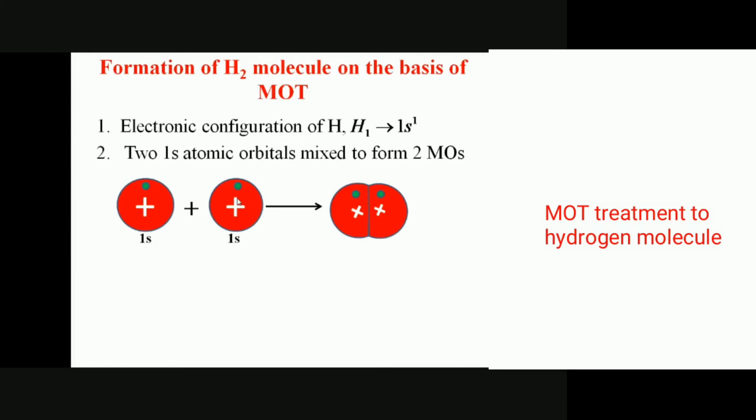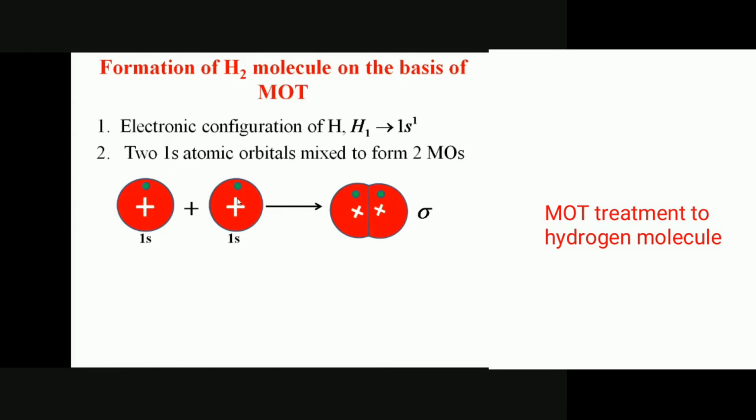And since the overlap of atomic orbitals is more, it results in the stabilization of the energy, or the stabilization of the molecular orbital. Since the energy decreases, these are termed the bonding molecular orbital. So this is represented by sigma.